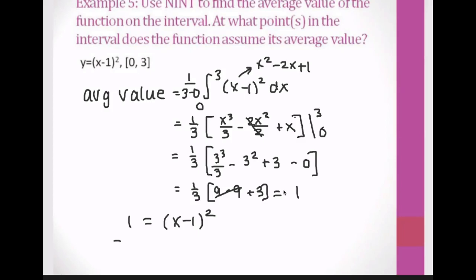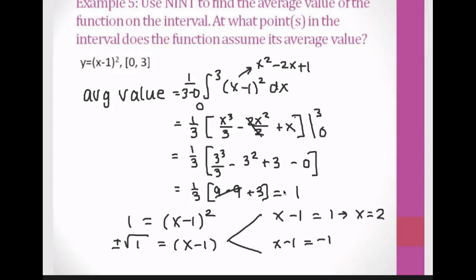So it's plus or minus the square root of 1 equals x minus 1. So then you have your two roots. You have x minus 1 equals positive 1, and x minus 1 equals negative 1, which gave x equals 2 and x equals 0. So we see that we have the same ones we got from the graph.